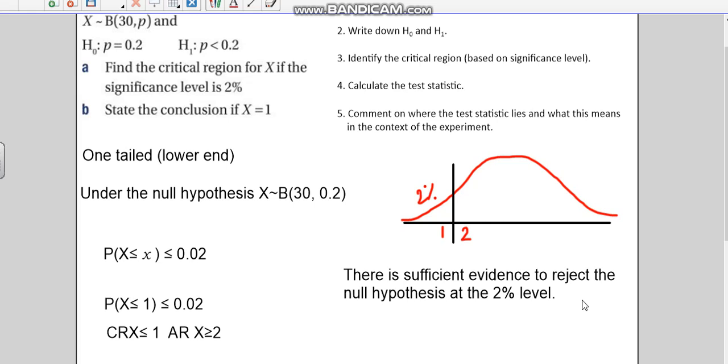The exam board have said to use this wording, there is sufficient evidence, and you must state the significance level, because when the significance level changes, your result might change. If I made the significance level smaller, I might then accept or not reject the null hypothesis. So it's really important you state your significance level and use the wording there is sufficient evidence to, or to not.